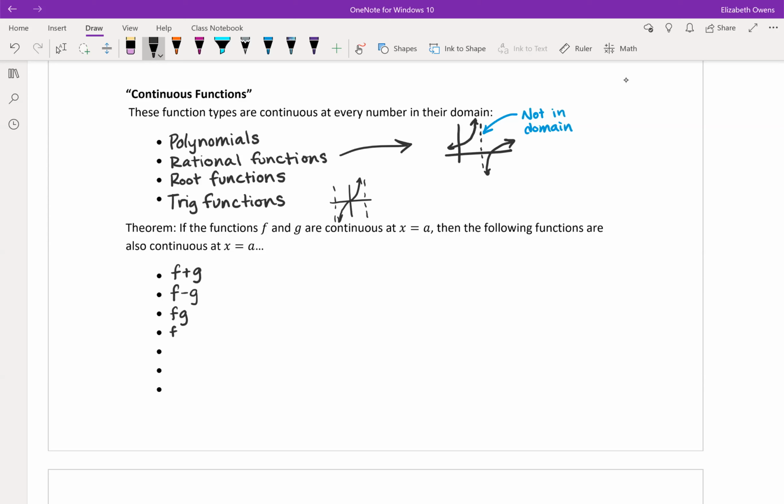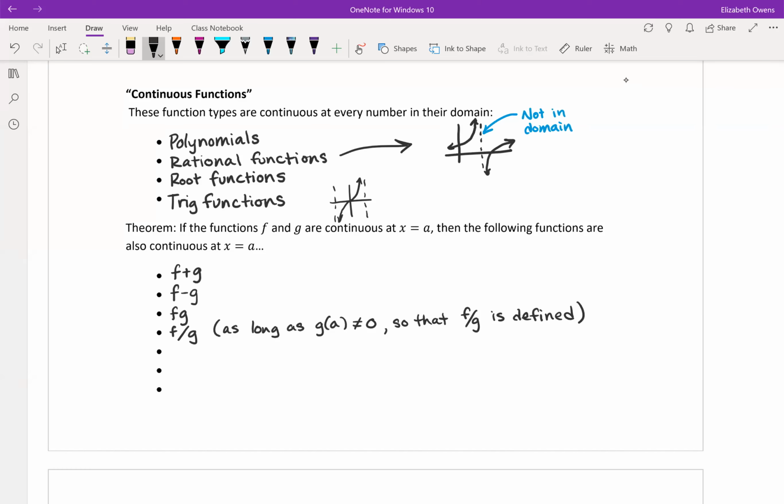if you divide the functions, well, as long as that denominator doesn't encounter anything weird. This is as long as g of a does not equal 0, so that f over g is defined. Okay, we don't want anything undefined. That wouldn't be continuous.